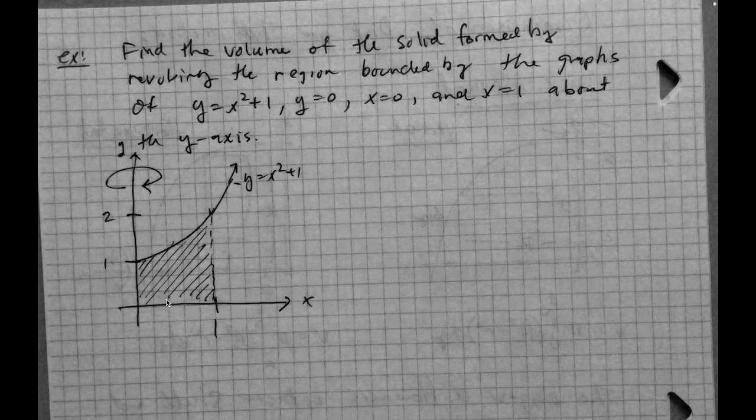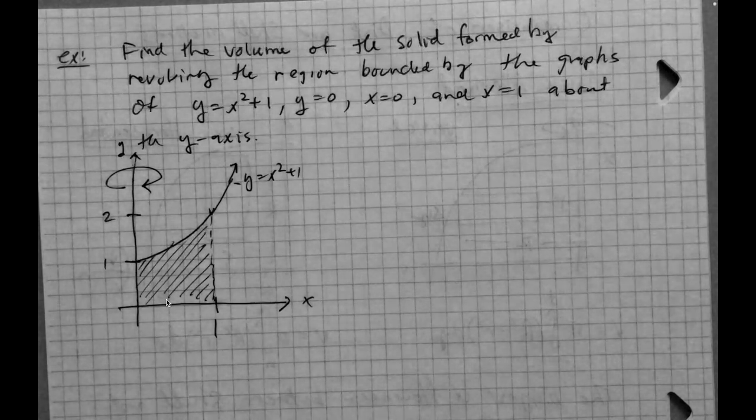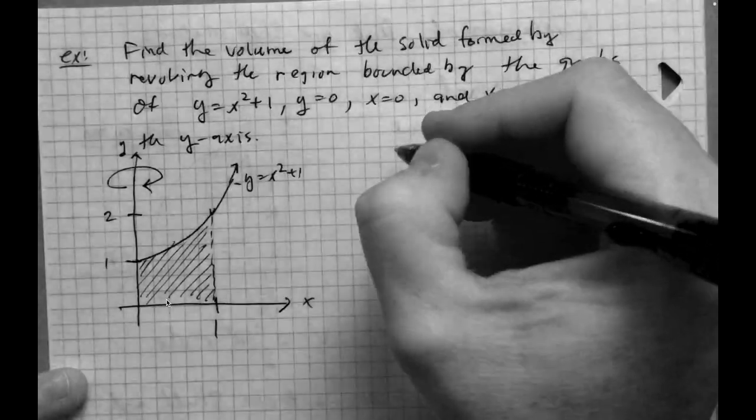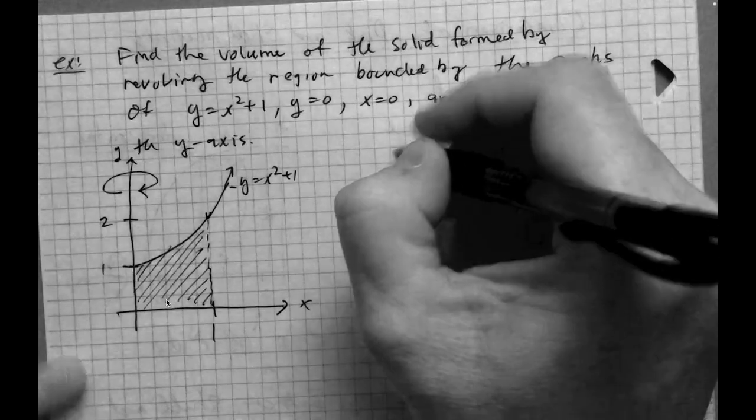All right, so when we looked at this one previously, we saw that there were two regions. Remember, with the disk method, it's all about the inner radius and the outer radius. So let's write this down here.